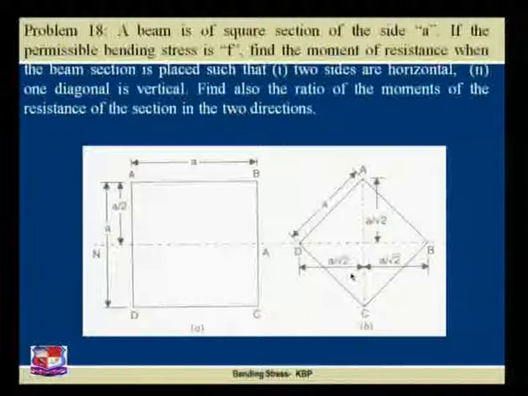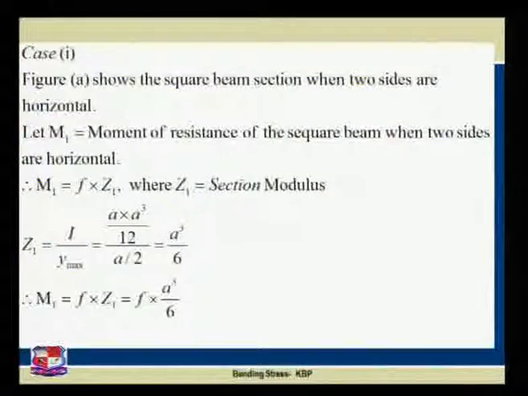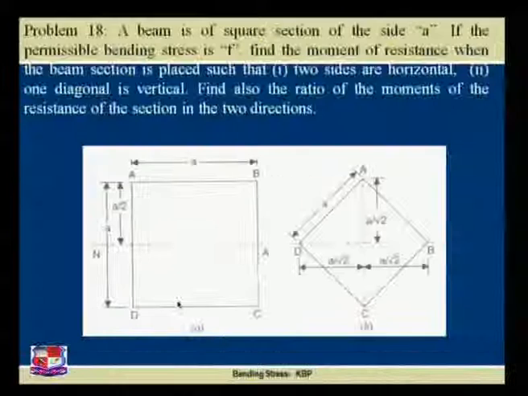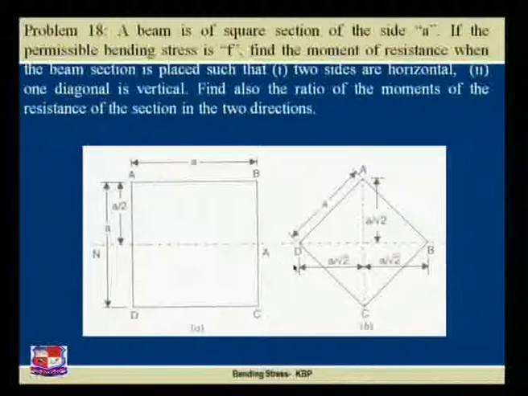How to find the section modulus? It is nothing but 2 into BH cube by 12 divided by Y max. Y max is A over root 2.